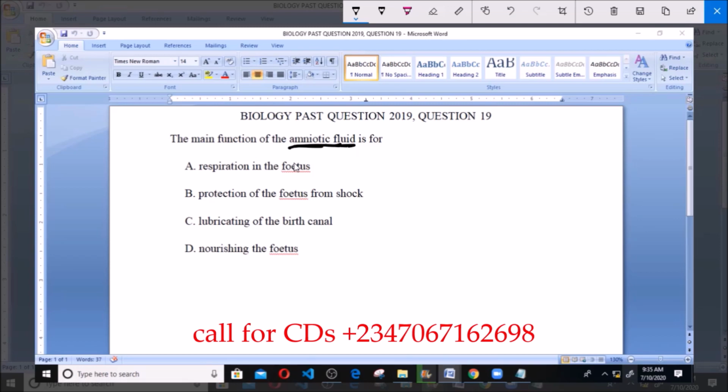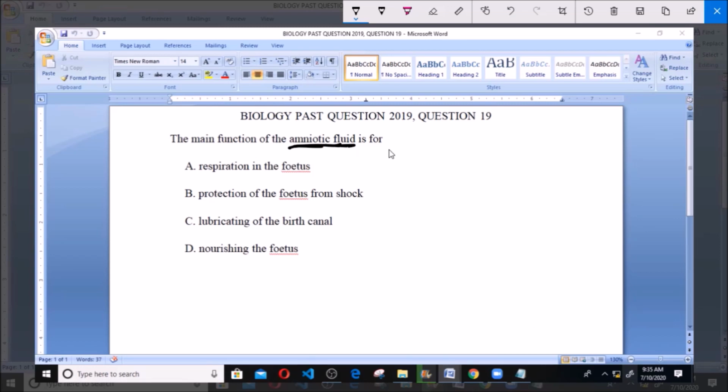Now during childbirth, the baby is immersed in a certain whitish or colorless fluid called the amniotic fluid. This fluid helps to protect the baby from shock. Let's say this is the mother, and then this is her womb.